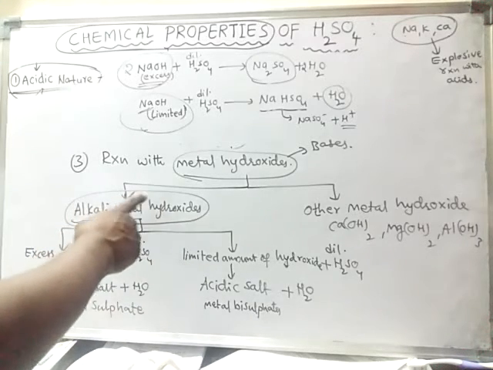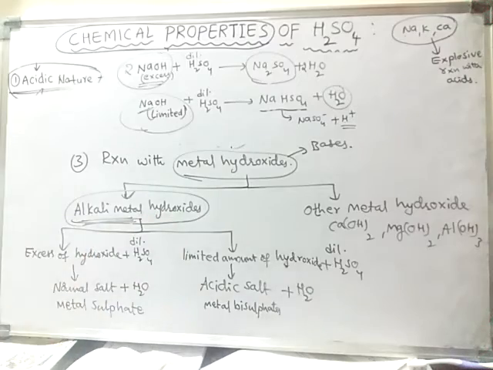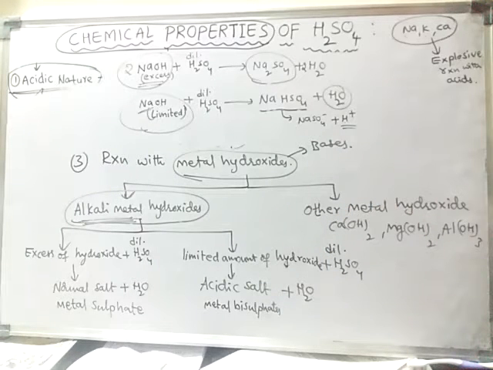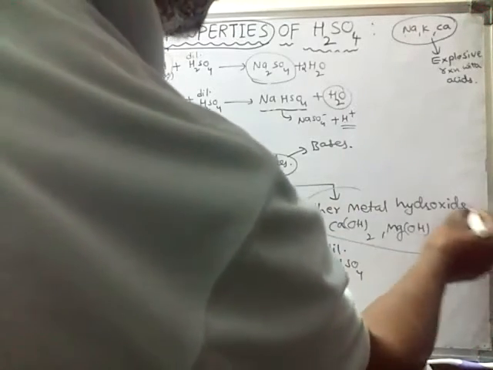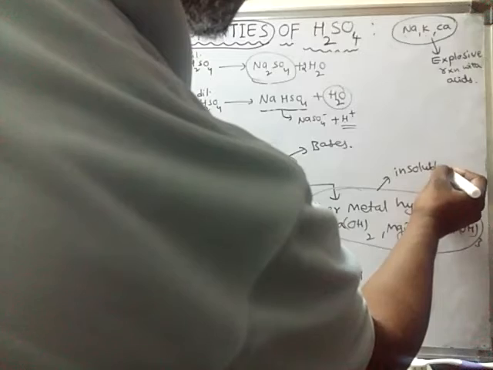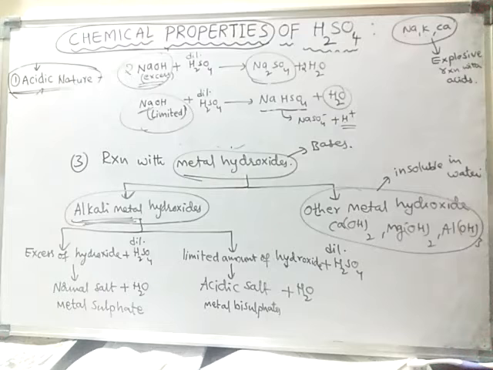In this way, the reaction of sulfuric acid with alkali metal hydroxide will be so, and then the reaction of the same dilute sulfuric acid with other metal hydroxides. These other metal hydroxides are all insoluble. They are also called insoluble hydroxides, insoluble in water. So all other insoluble metal hydroxides react with dilute sulfuric acid to form their sulfates and water.